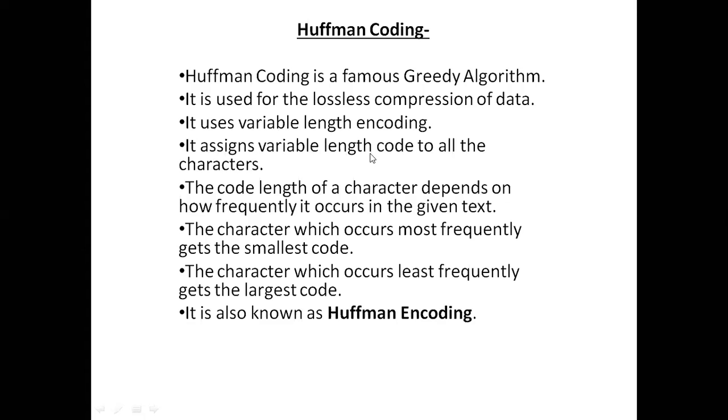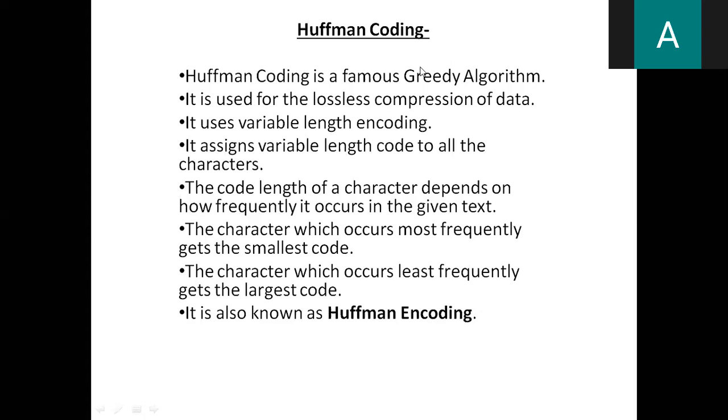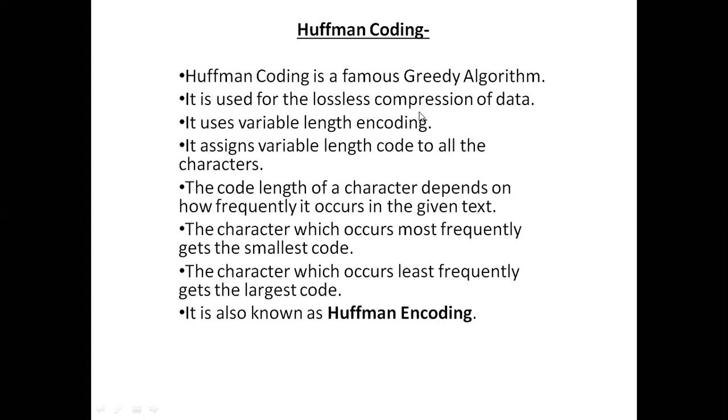Fixed length encoding means that to represent one alphabet, 8 bits are required. So 8 bits is a fixed length. Suppose you have these 8 alphabets, so 8 into 8, you will require 64 bits. That is known as fixed length encoding, in which the number of bits is fixed to represent each and every alphabet.